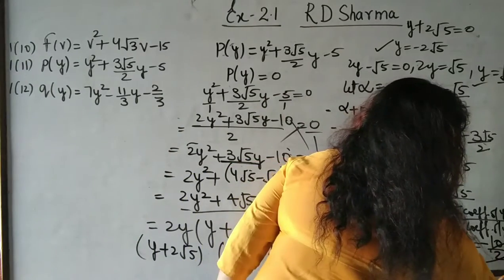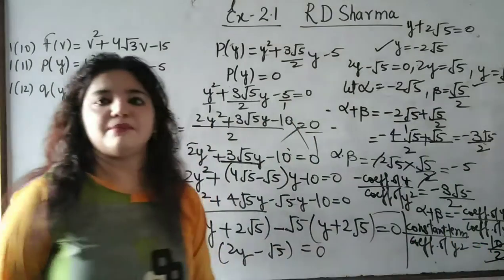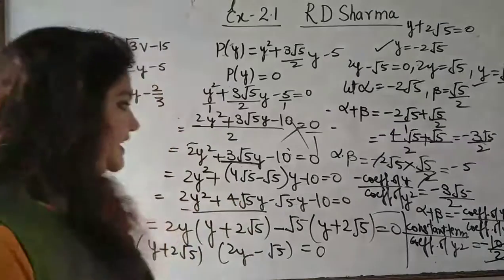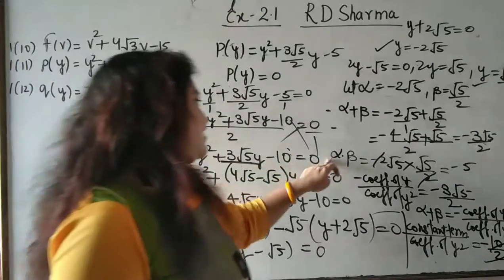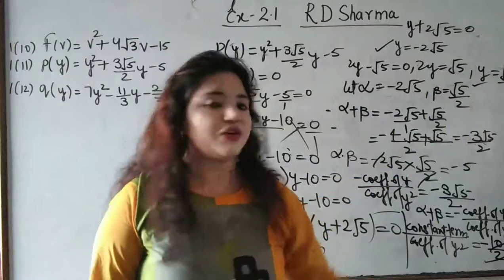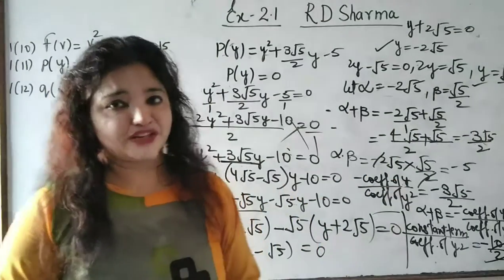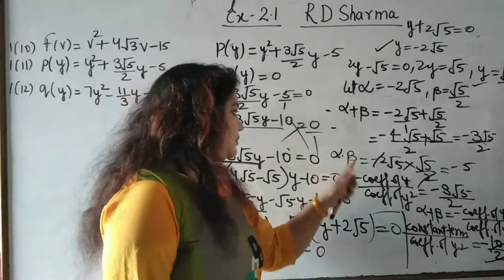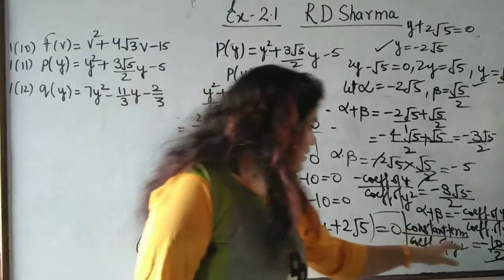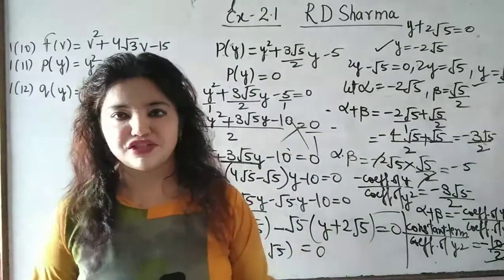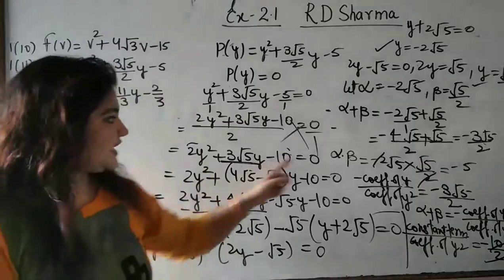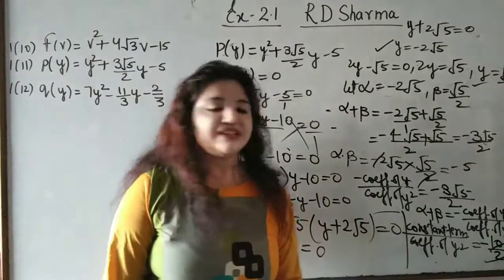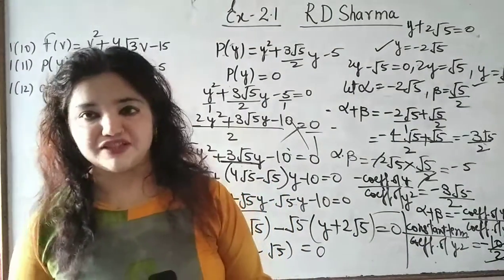So minus 10 by 2 is equal to minus 5. And see, alpha into beta is also equal to minus 5. So we concluded alpha into beta is equal to constant term upon coefficient of y square.